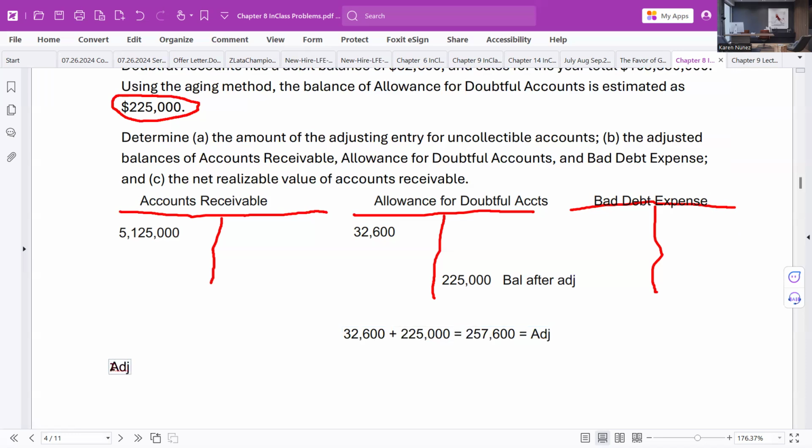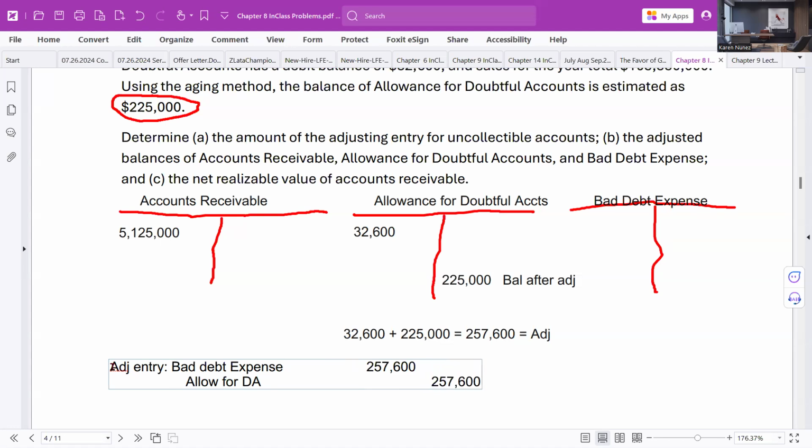So now, if we were asked to prepare an adjusting entry, and I'm going to do it anyway, then we would be debiting the bad debt expense for 257.6, and crediting the allowance for doubtful accounts for 257.6.